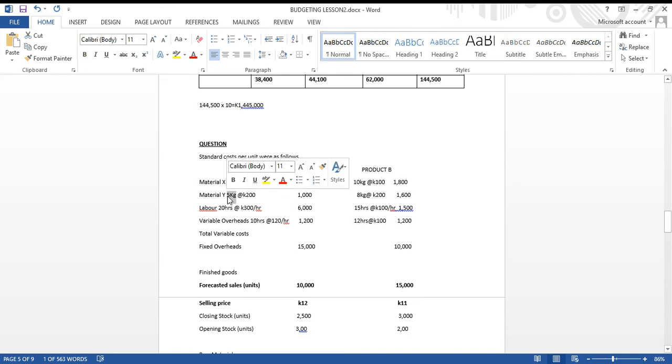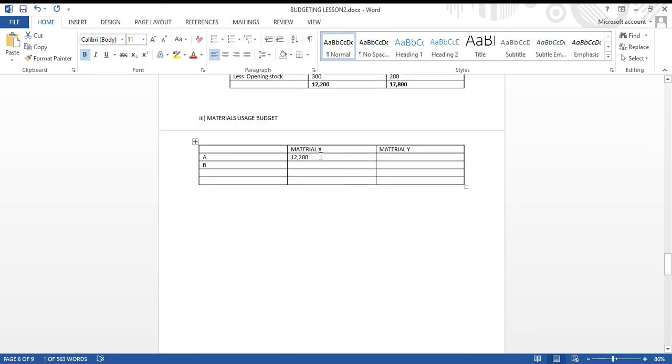We're using 5 kg. So we multiply: first 15 kg, 12,200 times 15.